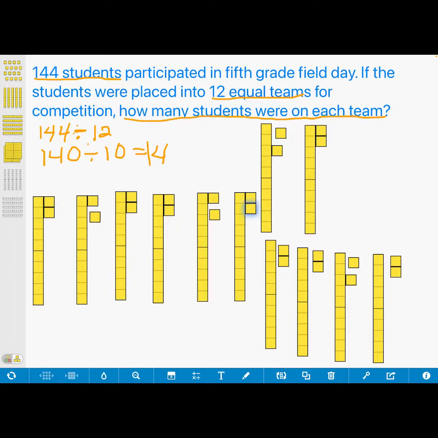I have 12 groups, and in order to figure out how many students were on each team, I need to count the number of base 10 blocks that I have in each group. So I know that this is 10 plus 2 more, 11, 12. So my answer is 12. There are 12 students on each team.